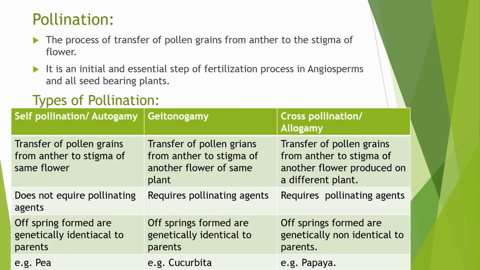It may take place from anther to stigma of another flower of the same plant, or it may be from anther to stigma of another flower produced on a different plant. Accordingly, there are three types of pollination: self-pollination, that is autogamy, geitonogamy, and cross-pollination.